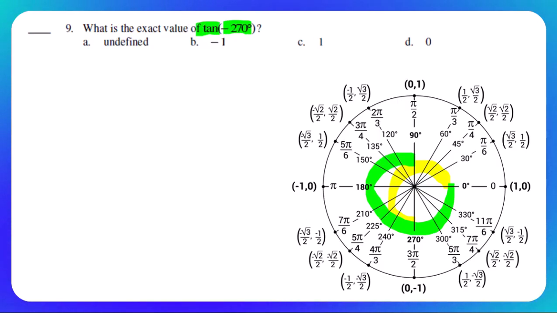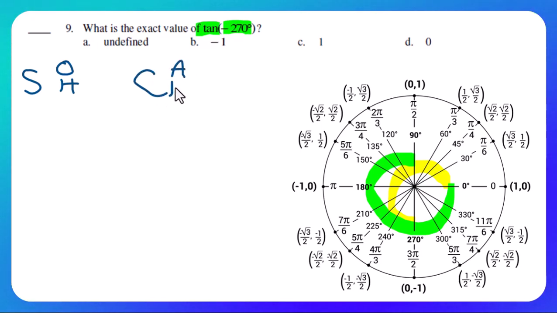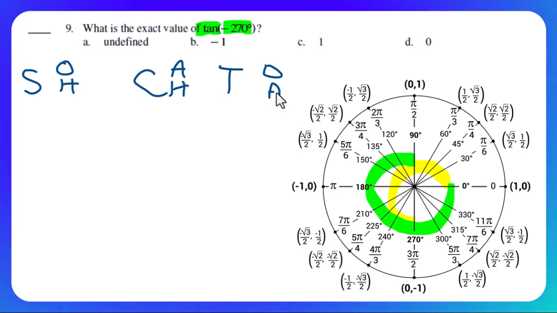Okay, so think about your trig ratios. SOH CAH TOA. All right, now we're looking at tangent.